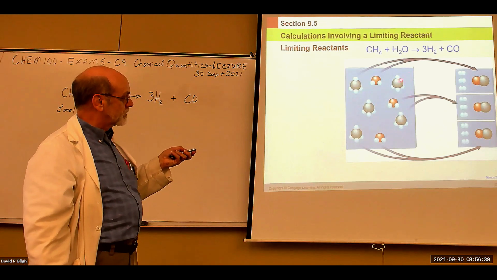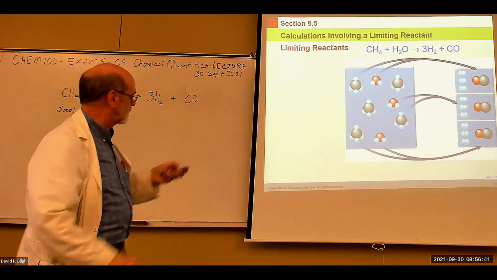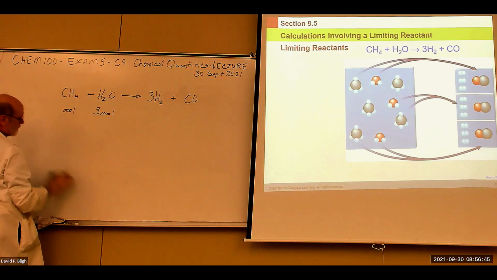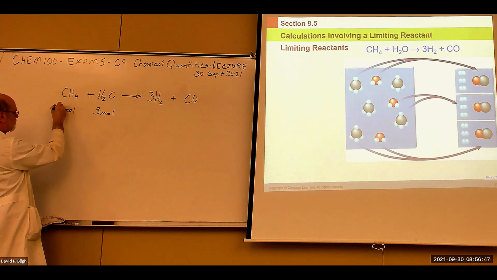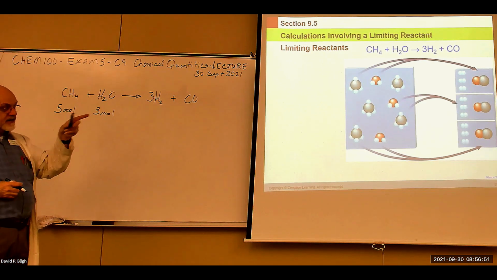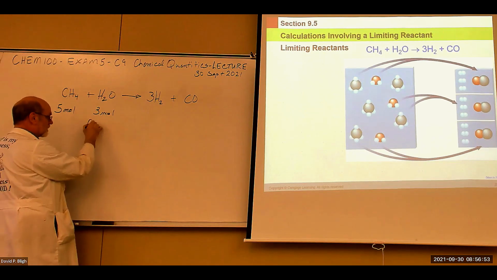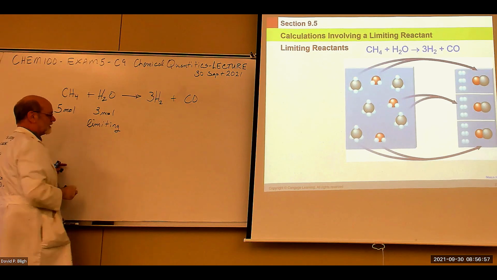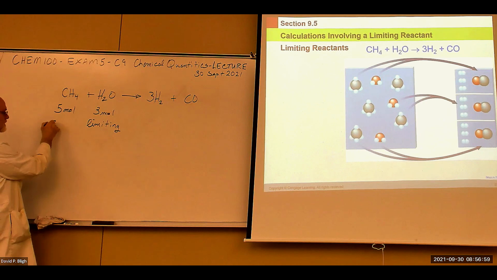We have extra methane. So we actually have 5 methane. And based on that scenario, this is limiting. Okay, that means this one is excess.